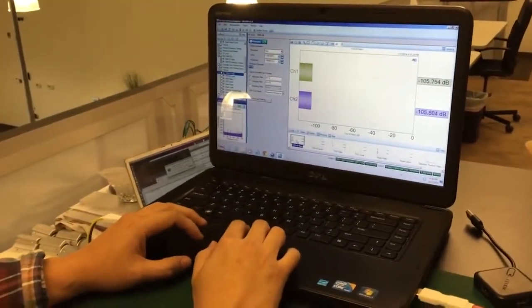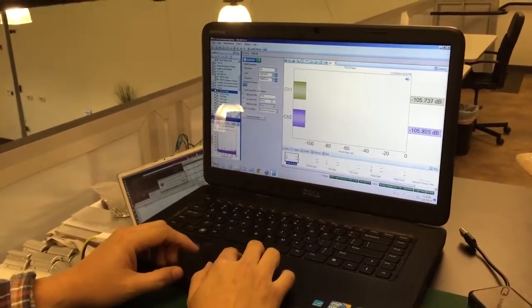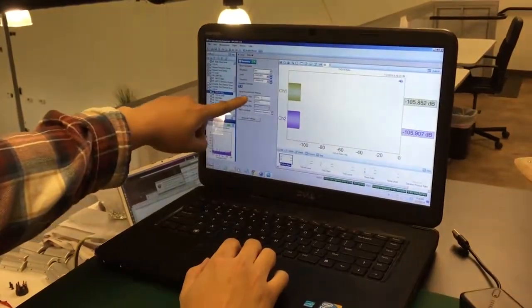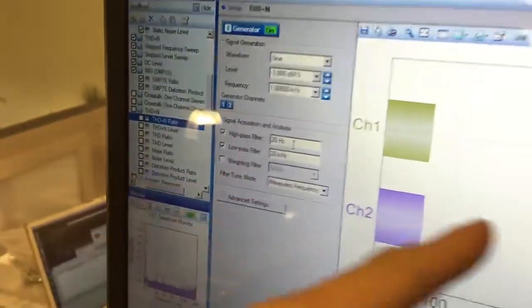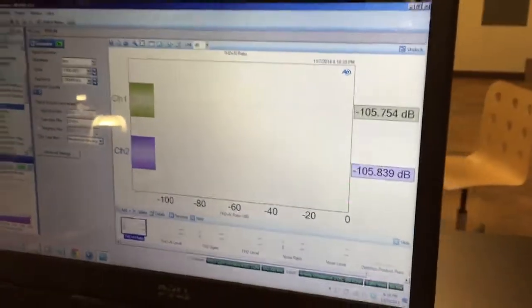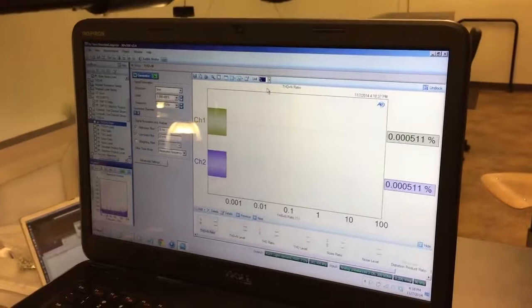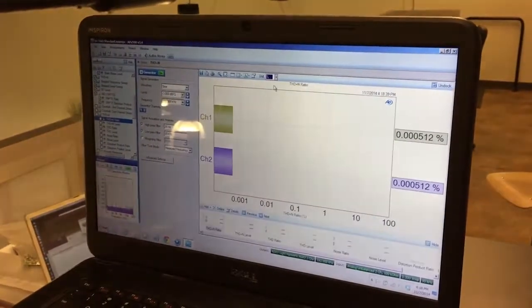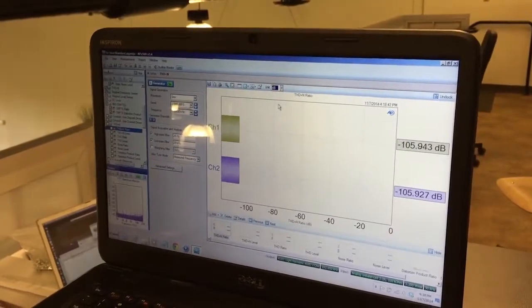Let's go to see the THD+N ratio now. If we limit the bandwidth from 20 to 20k, you can see, wow, right? The number is amazing. The percentage is 0.0005. And going to dB, we're talking about -105. It's amazing.